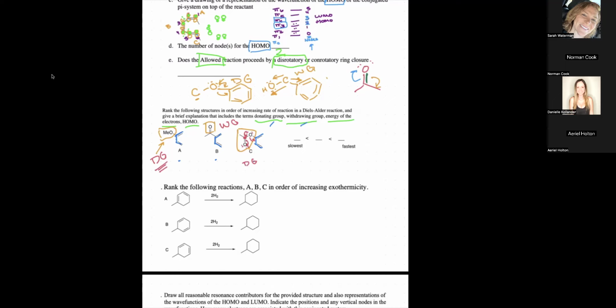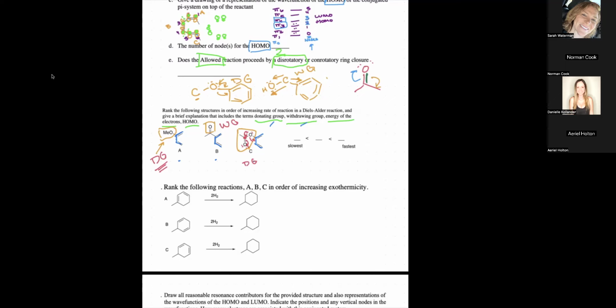So with that in mind, would a withdrawing group or a donating group be a faster reaction? If you can give your electrons to participate in a reaction, are you going to react more quickly? Or if you want to keep all the electrons to yourself, are you going to react more quickly?